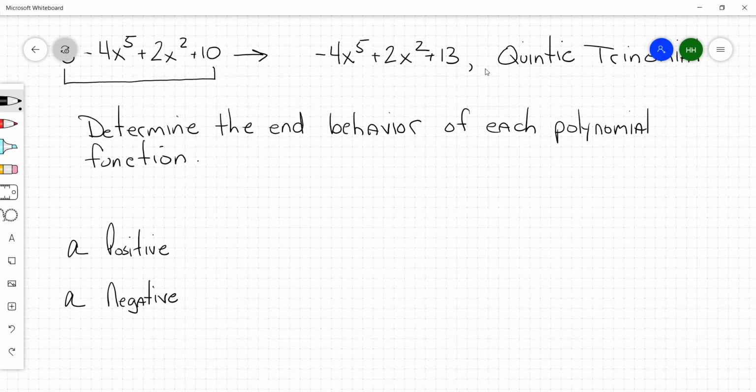Then we're going to go N even and N odd.